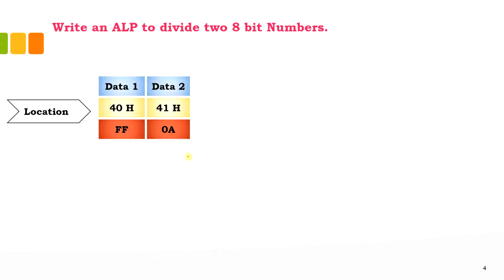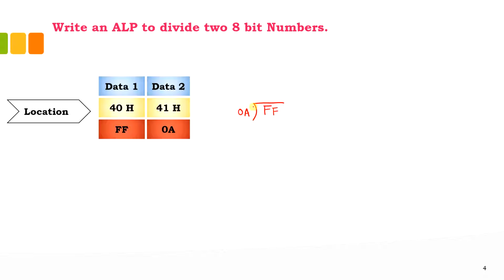So we will be dividing FF by 0A, and the result of this operation will give you a quotient and a remainder.